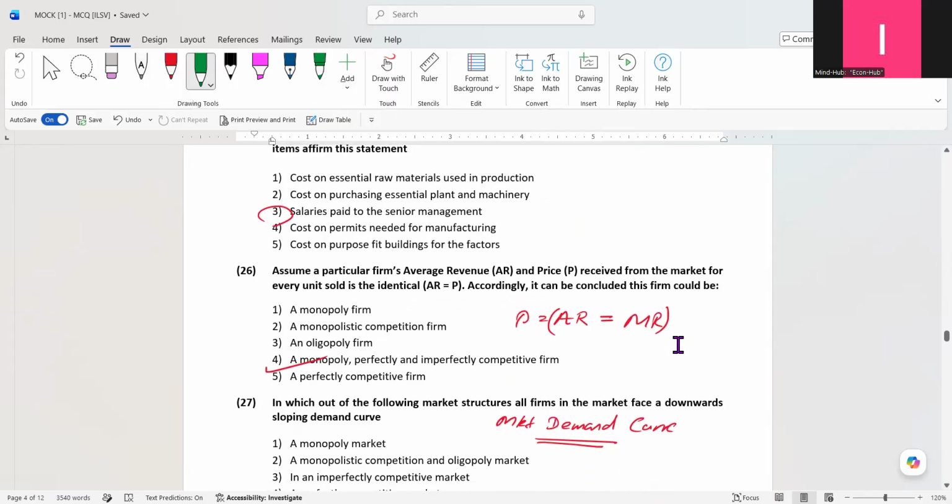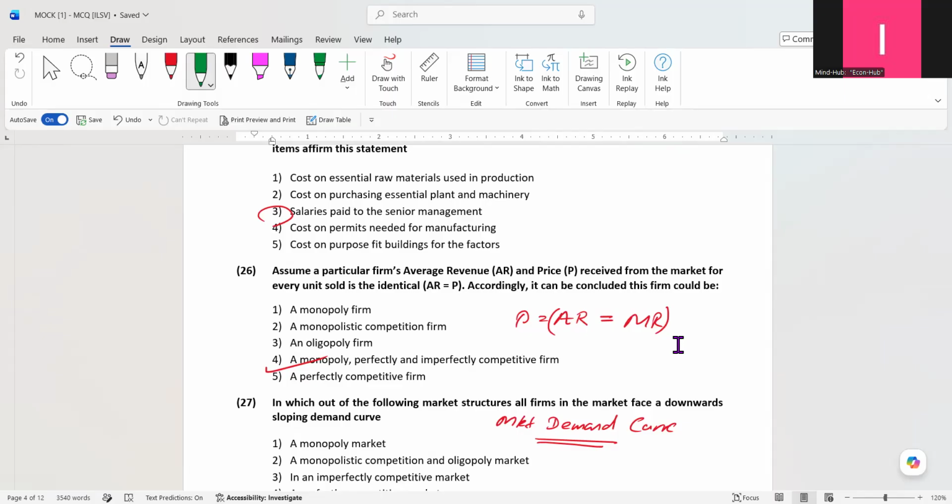26. Assume a particular firm's average revenue AR and price received from the market for every unit sold is identical. AR equals P. AR and price are always equal. AR and price being equal are not special to perfect competition. Keep that in mind, right?